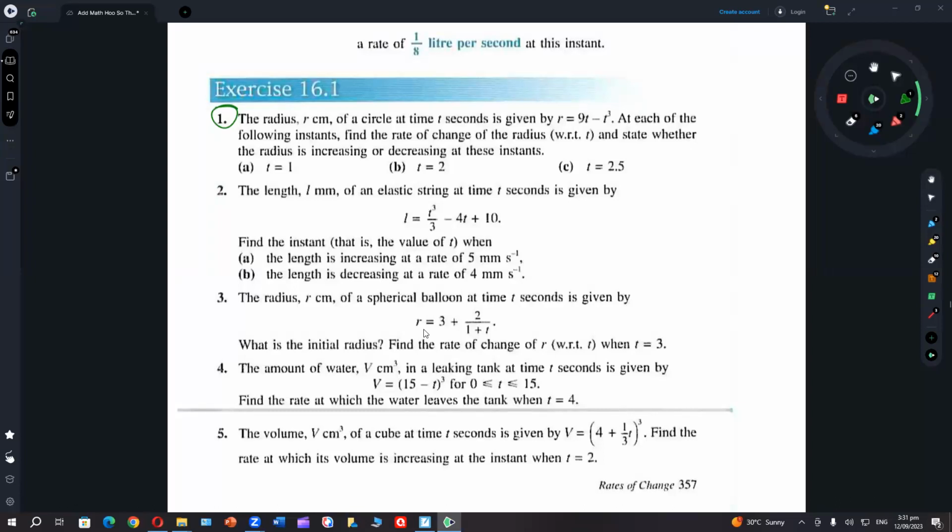Shall I solve this exercise? Yes. Read the exercise number, refer to exercise number 16.1, write ADMAS book and see question number 1. No need to copy the question, just read the question and copy the equation.